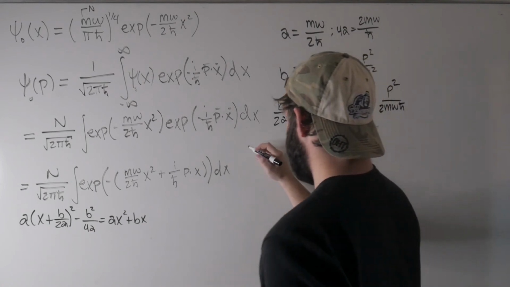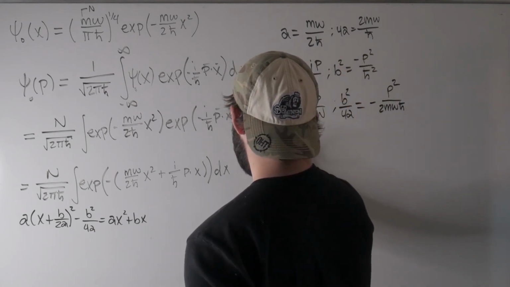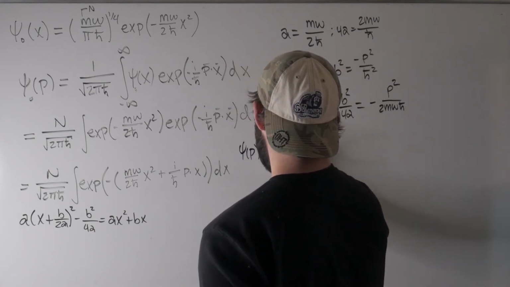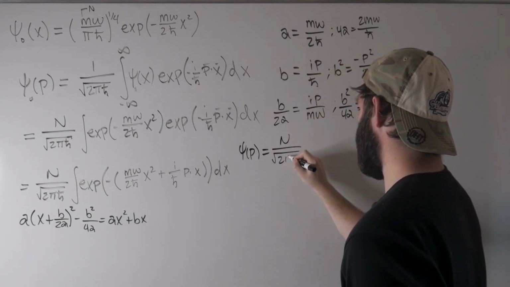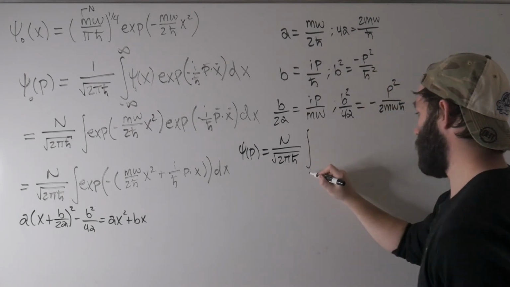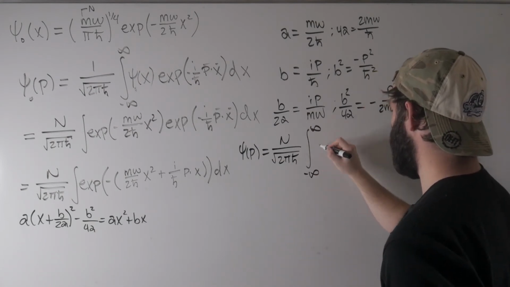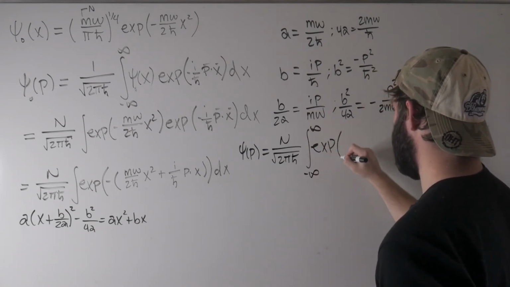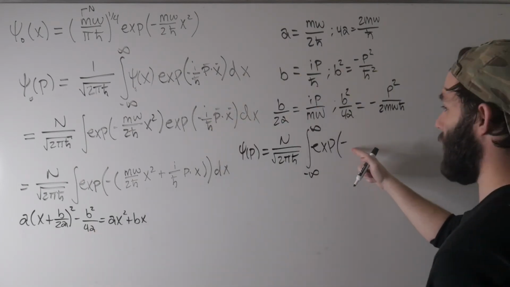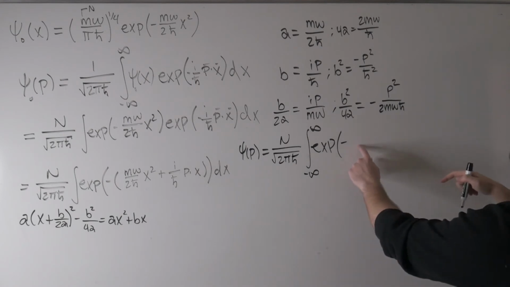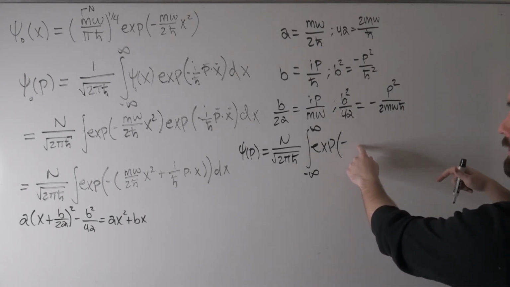So all in all, we have that the integral is psi of p is equal to n over root 2 pi h bar, the integral from minus infinity to infinity, and now we have the exponential of the negative of this. So we have negative, what is it?